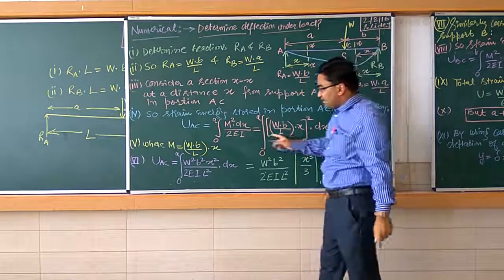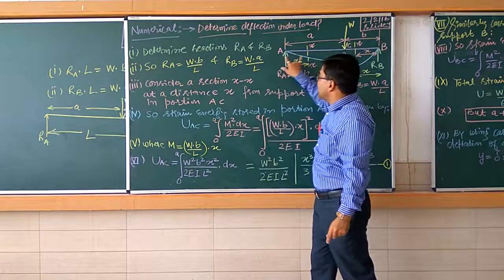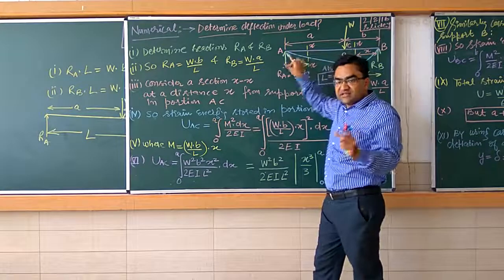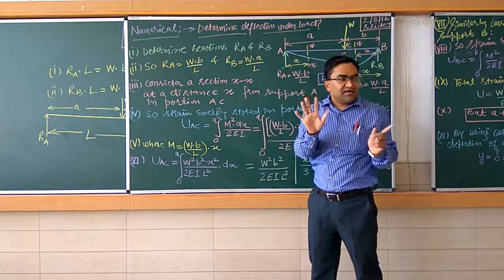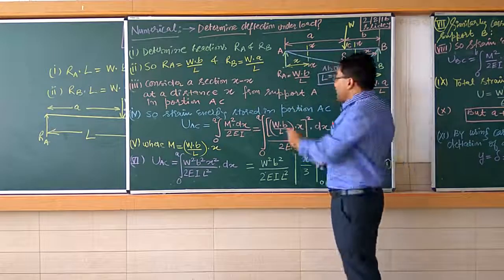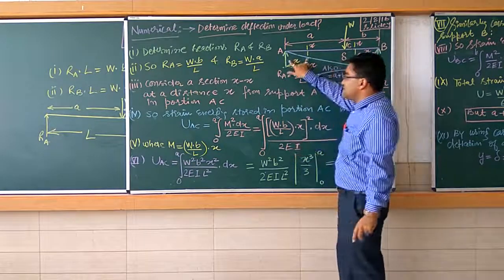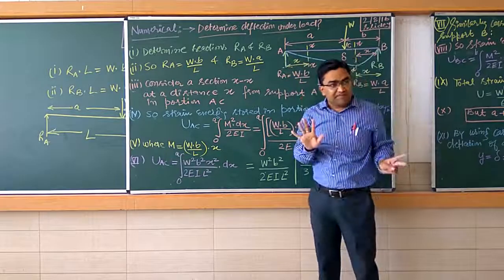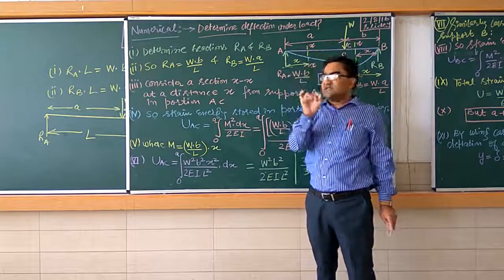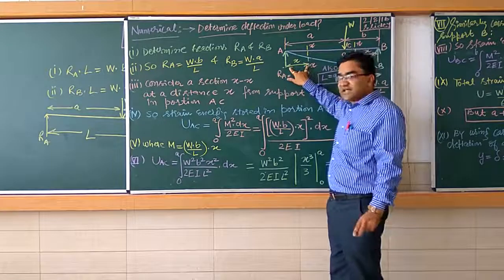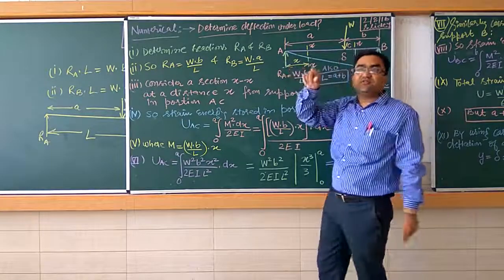Since we are calculating the strain energy about this section XX first, we are then integrating it from 0 to a. Understand? First of all, we will be calculating the strain energy for this section XX only, and then we will be integrating it from 0 to a, since this x is varying from 0 to a.